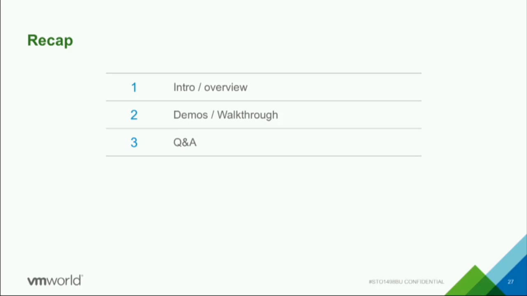So that would be solutions in, say, the backup space, building on the vSphere APIs for data protection. On the replication space, those are certified with the vSphere APIs for I/O filtering, VAIO. So that kind of thing would be a prerequisite for us to be able to support it with VMware Cloud on AWS.